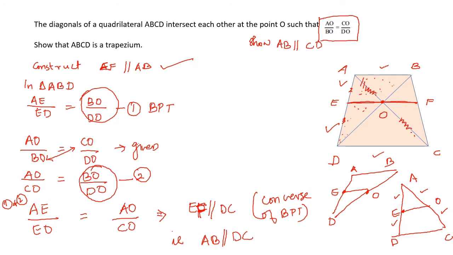EO is parallel to DC is the same as EF parallel to DC. So AB is parallel to EF and EF is parallel to DC. Therefore, AB is parallel to DC. That is what we are supposed to prove. AB is parallel to CD. So we have proved it using the converse of BPT.